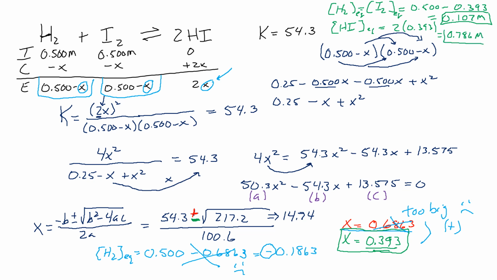And once again, if you put those values back into your K value, and that would be our 0.786 for our HI, which we would square, and we would divide it by 0.107 for the H2 and 0.107 for our I2.